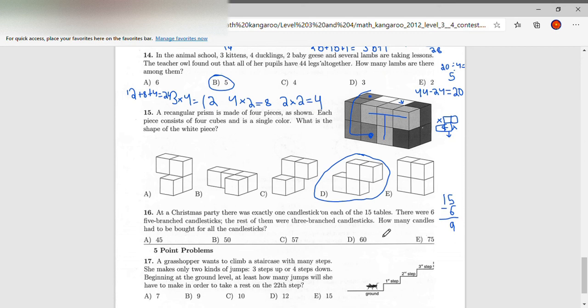So 6 times 5 plus 9 times 3, because this is how many 3-branched ones there are and how many candles we would need, which is 3 each. Same thing for the 6 5-branched candlesticks. There are 6 of them and each can hold 5 candles. So this would equal 30 plus 27, and when you add this you get 57, which gives us our answer of C.